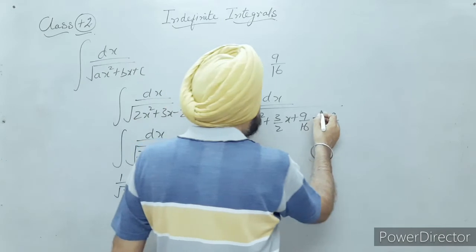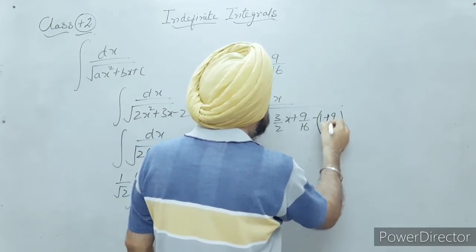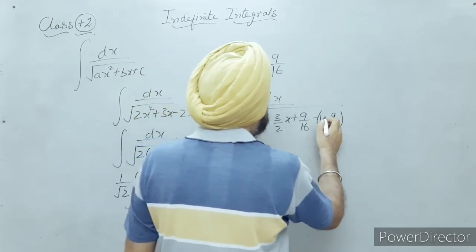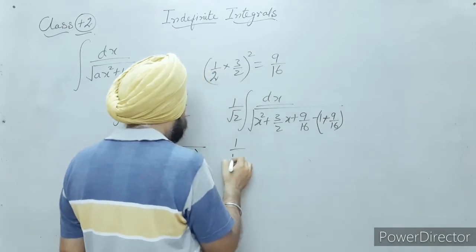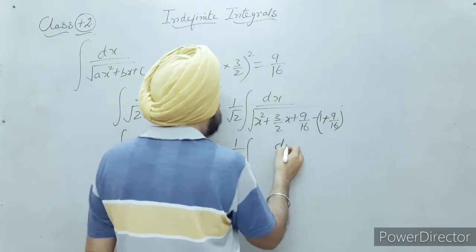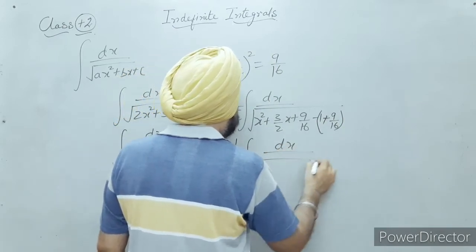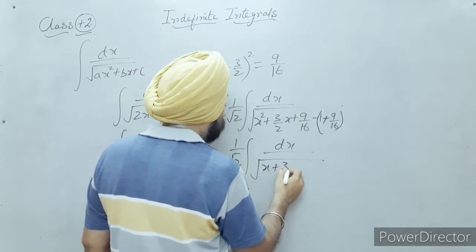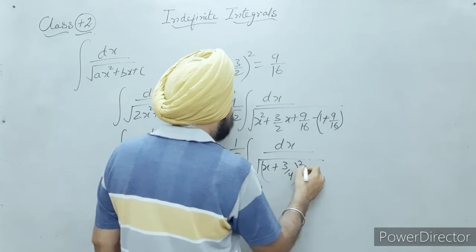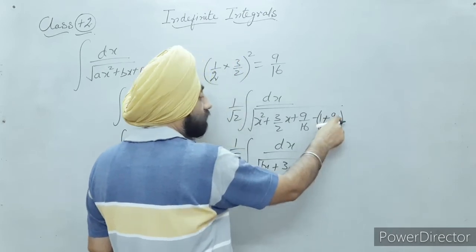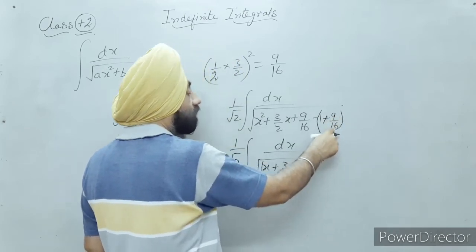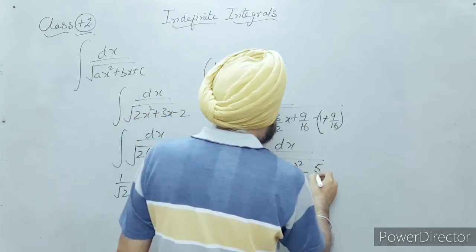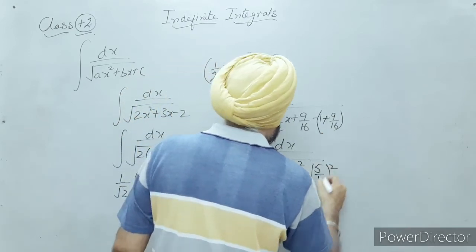Now let me take out a minus sign from here, it becomes plus, that is 1 plus 9 by 16, right? Now 1 by under root 2, it is dx under root of x square plus 3 by 2x plus 9 by 16, which can be written as x plus 3 by 4 whole square, then 16 plus 9 is 25, 25 by 16, that can be written as 5 by 4 whole square.